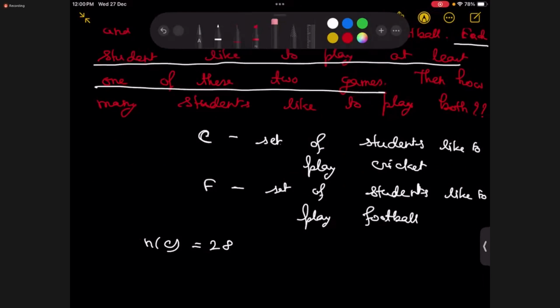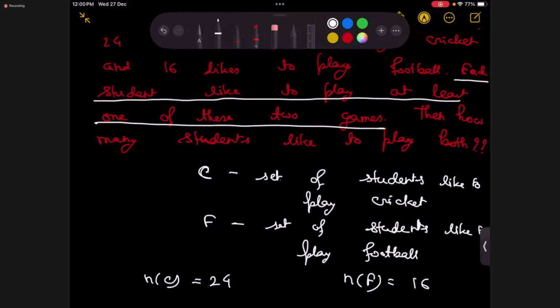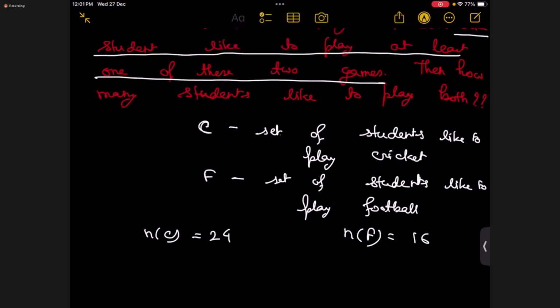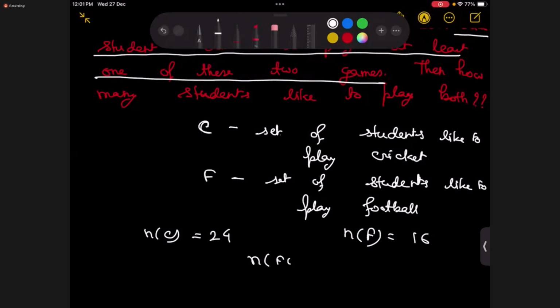N(C) is 24 and N(F) is 16. For the line that each student likes at least one of the two games, we must have cardinality of F union C equals 35, since our universal set is nothing but F union C. So this is N of U, and we write N of F union C equals 35.